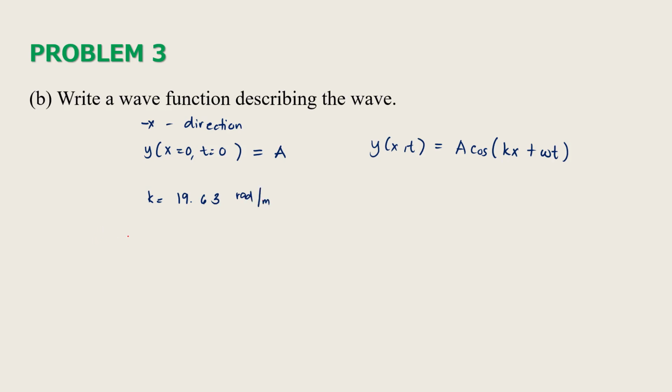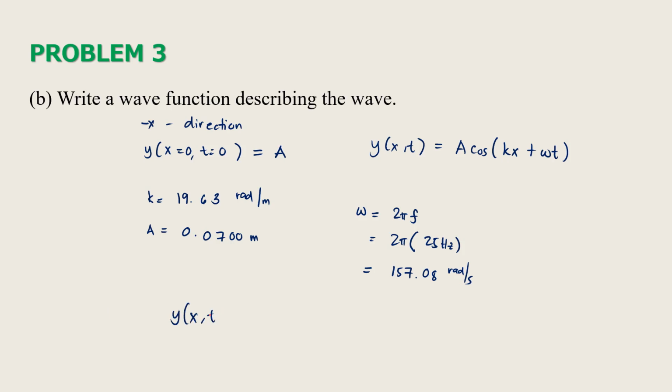And then we also are given with the amplitude, which is equal to 0.07 meter. And we can find omega by using this equation, 2 pi f, where the frequency is equal to 25 hertz. So this is equivalent to 157.08 radians per second.